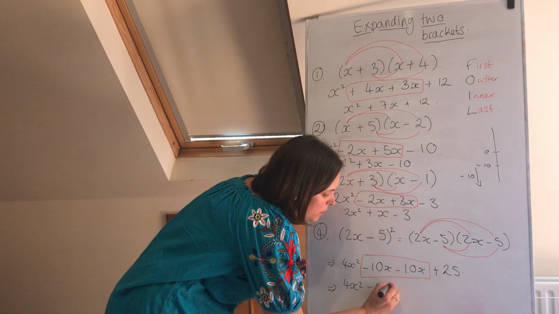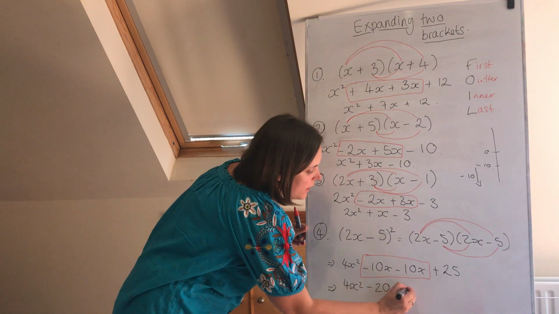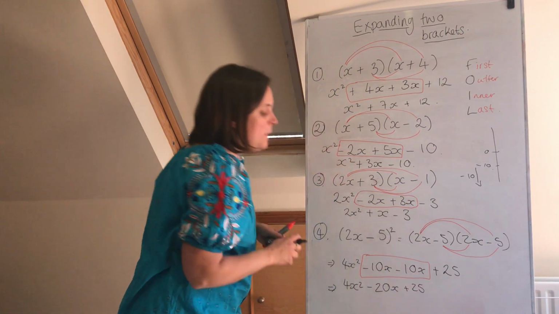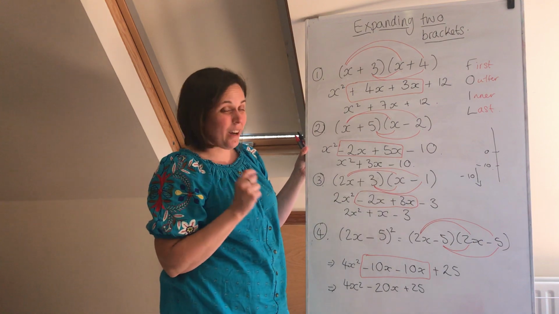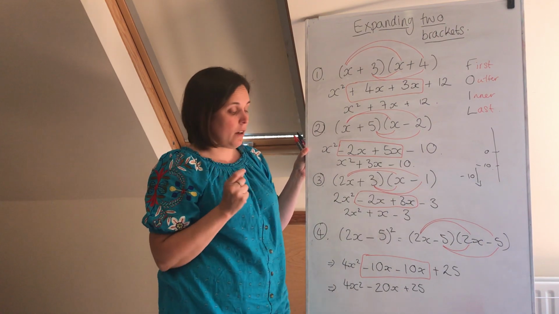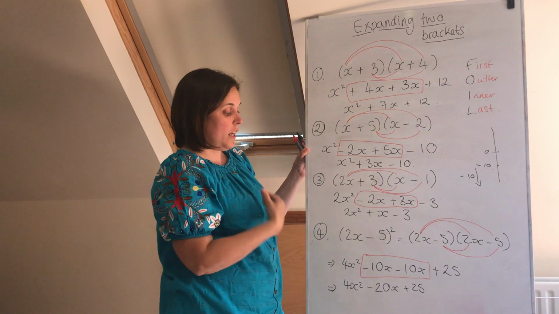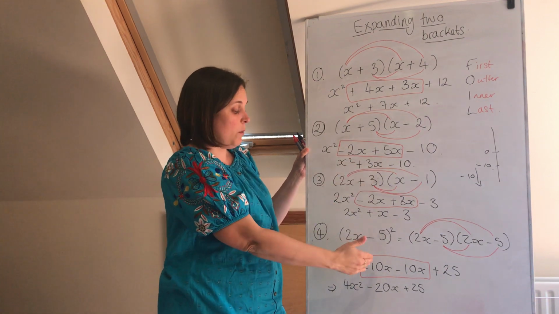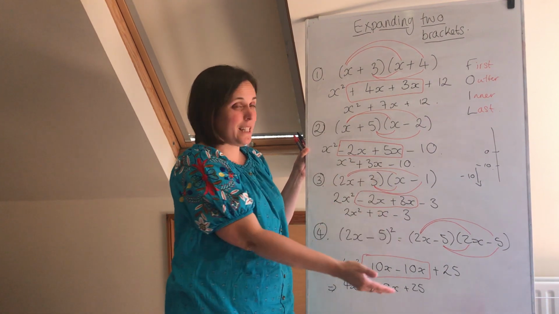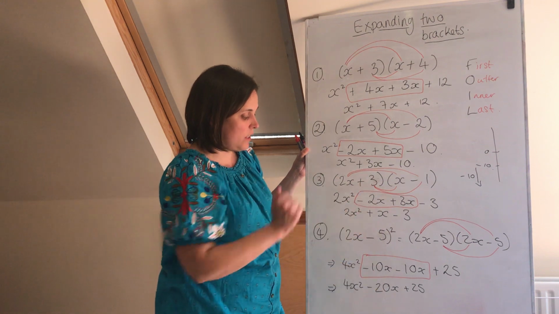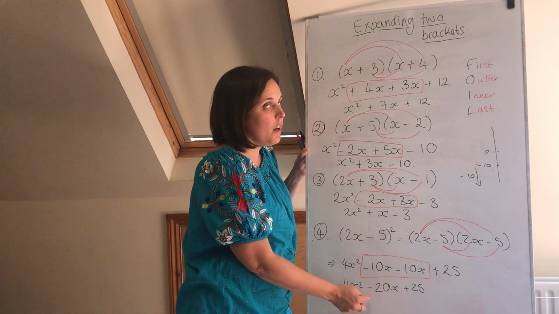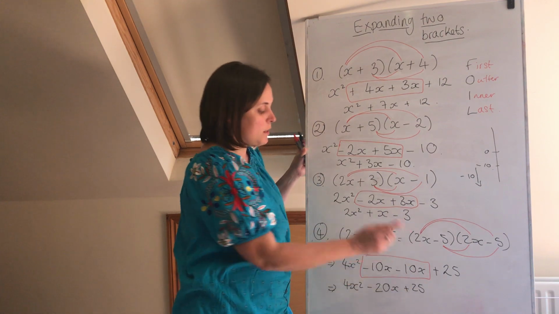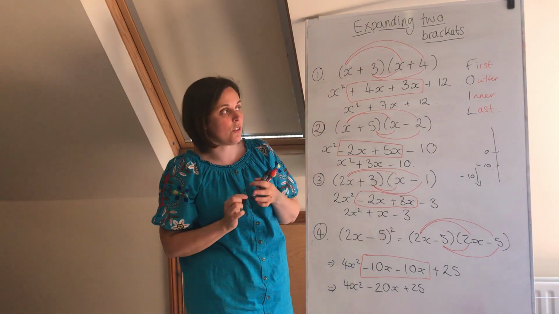So it's minus 20x, and again, don't fall into the trap of thinking a minus and a minus is a plus. When you're adding and subtracting, that only counts if they're next to each other. Here you're just reading left to right. We've got negative 10, take away 10. That gives us negative 20, so we get 4x squared minus 20x plus 25, and that is your final answer.